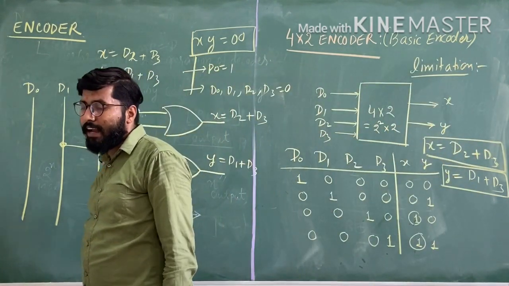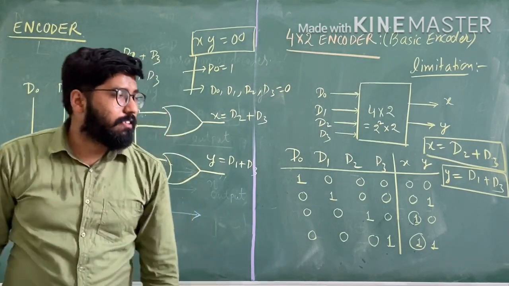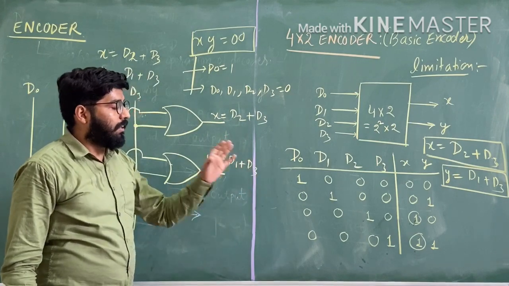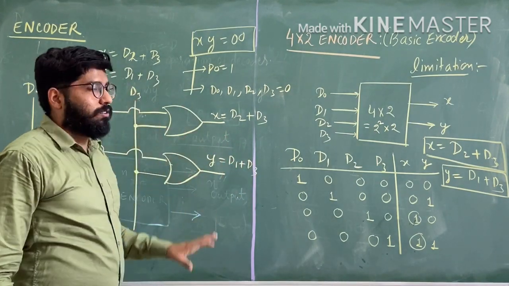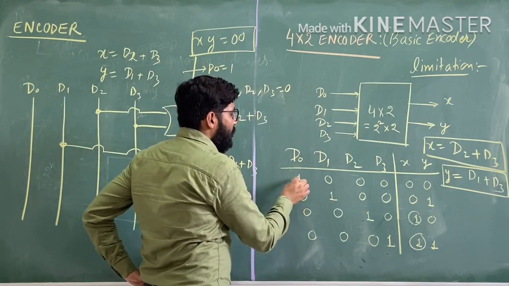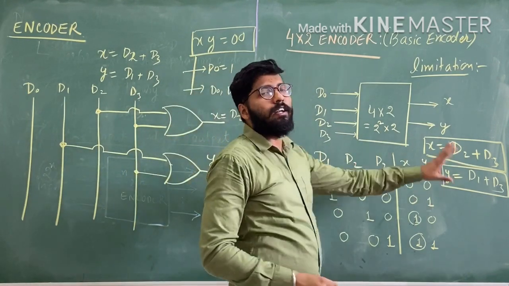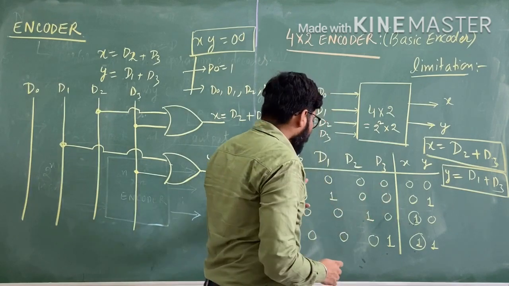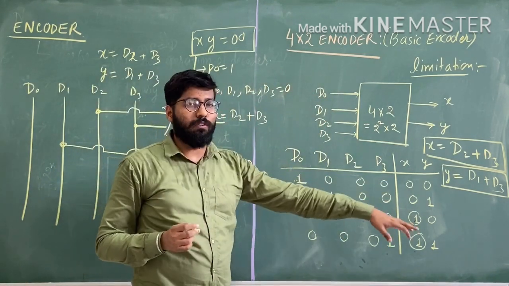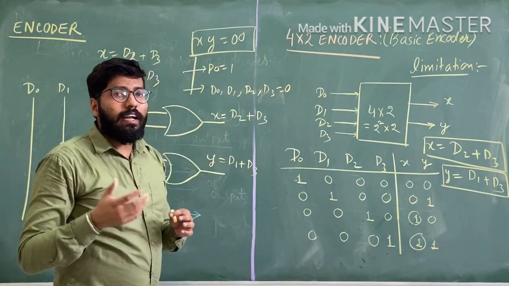The first limitation is that the output is valid only if the input is 1 in one case only. If there is logic 1 in this case, we will get a valid output. If we have other combinations, suppose this is 1 and this is 0, we will get an invalid output.